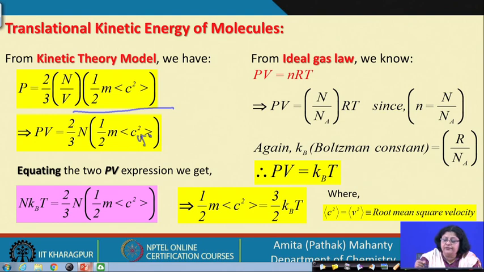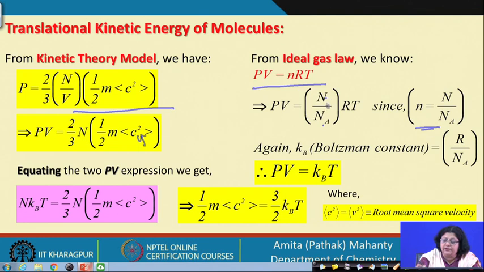Similarly, I have another expression which can be obtained from the ideal gas law. From the ideal gas law, we know PV equals nRT. Now, I substitute n with the number of molecules divided by the Avogadro number, because this is how the number of moles can be represented.